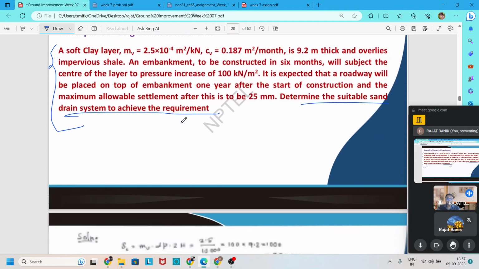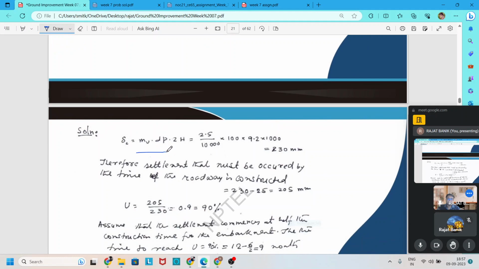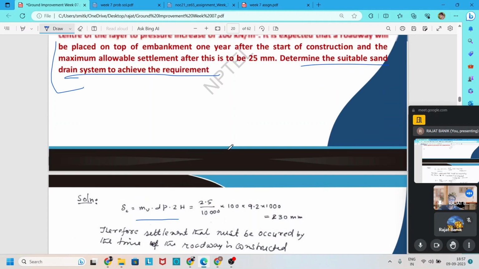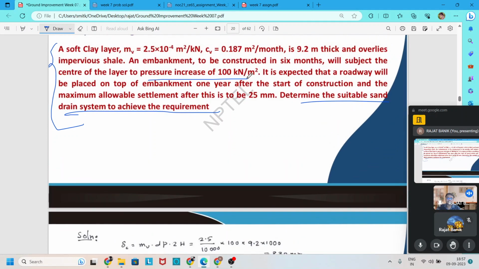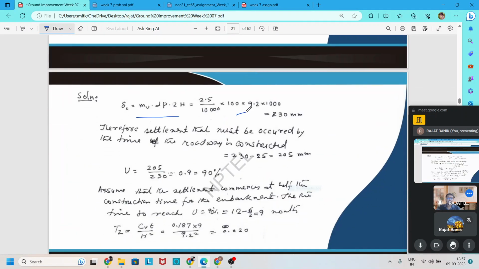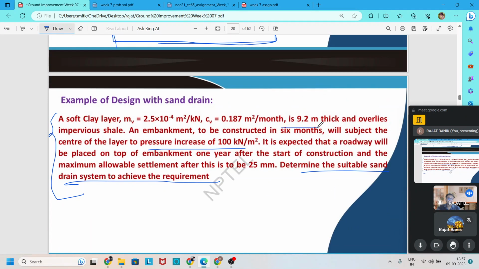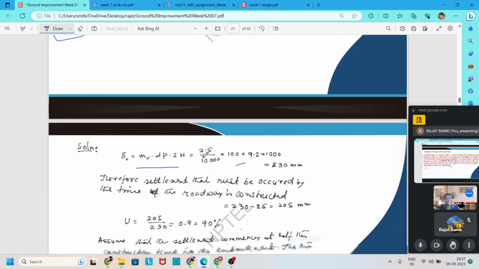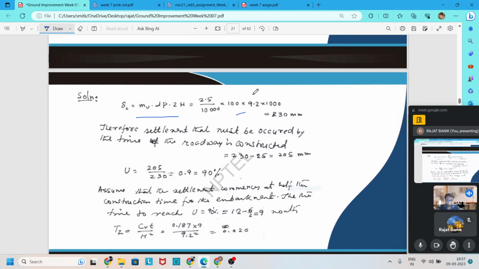MV here is given as 2.5 into 10 to the power minus 4, and delta P, the increased stress, is given as 100 kilonewton per meter square, and the thickness of the layer is 9.2 meter. After putting in all the values, we find the total settlement of this ground is equal to 230 mm.